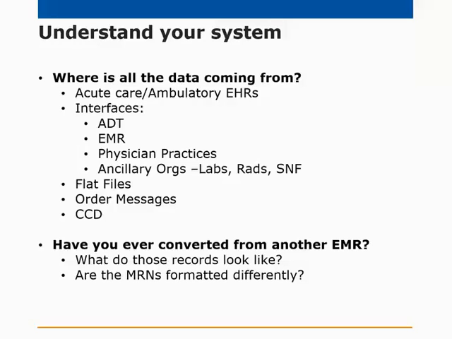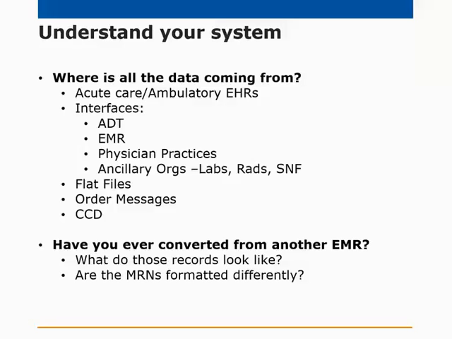So understanding your system is really the first thing that you need to do. Where is all the data coming from? When people sit down to think about it, they realize how many sources are feeding their demographic data. So of course you've got your registration in your acute care system, your ambulatory system, and then some people are also receiving patient information from interfaces.